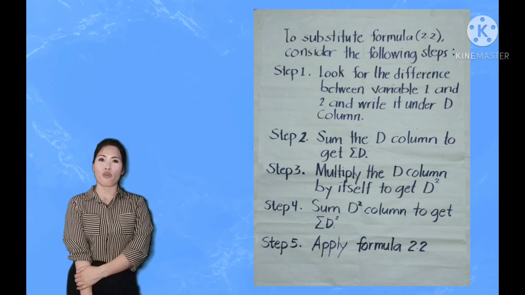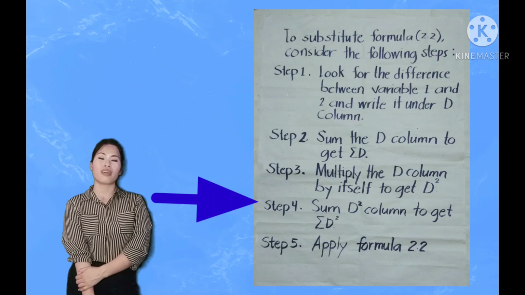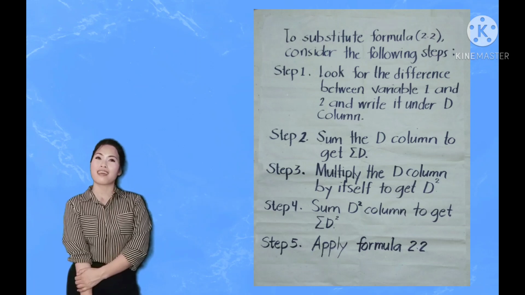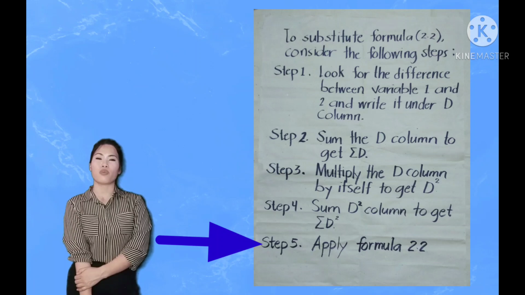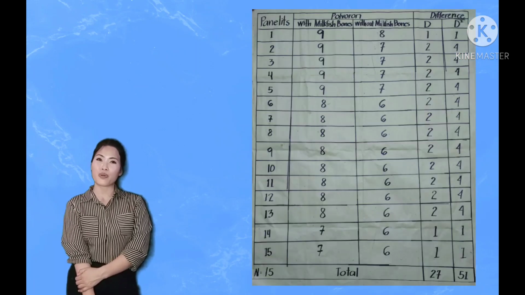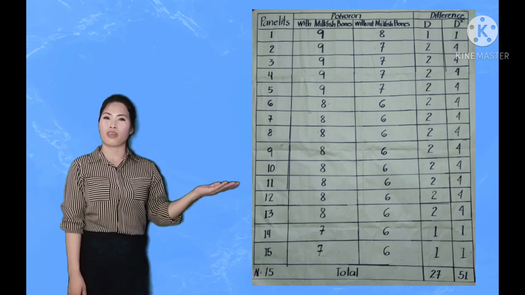Step 4 is to sum the d squared column to get the summation of d squared. After that, the last step is that we can now apply formula 2.2.